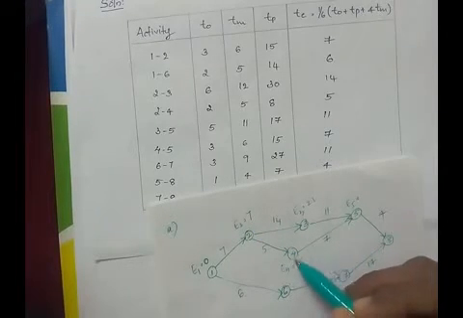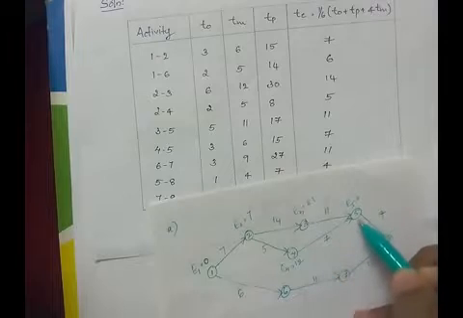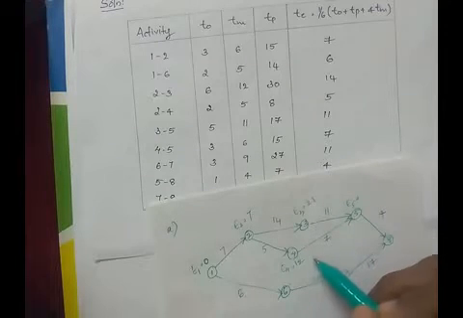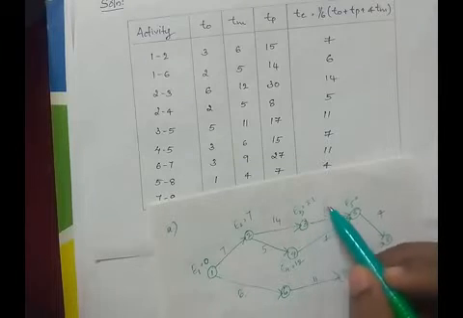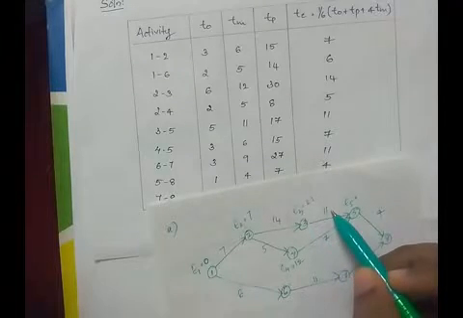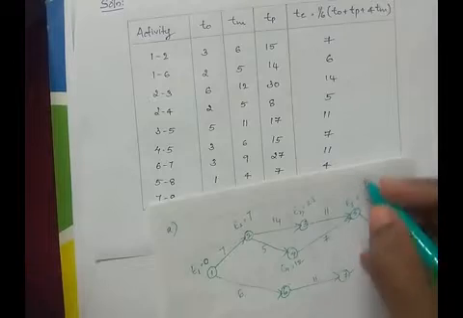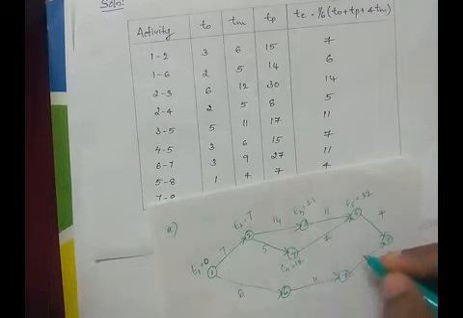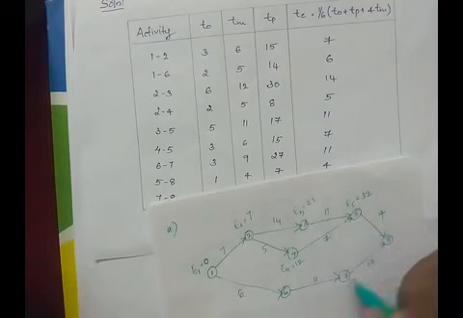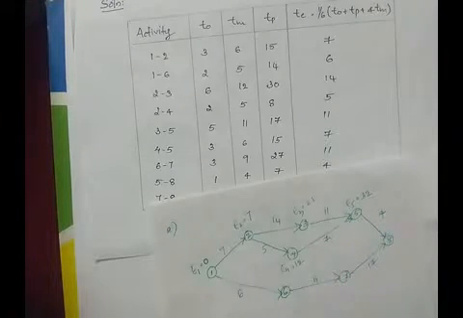Now from the path through 4 we get the E value of 5 as 12 plus 7, 19, and from the path through 3 we get 21 plus 11, 32. So the maximum value is 32, and we assign 32 to E5. Like this we have to find all the E values of the events.